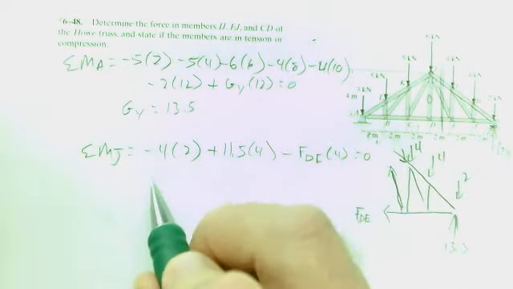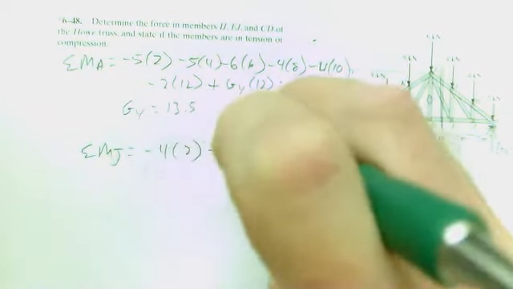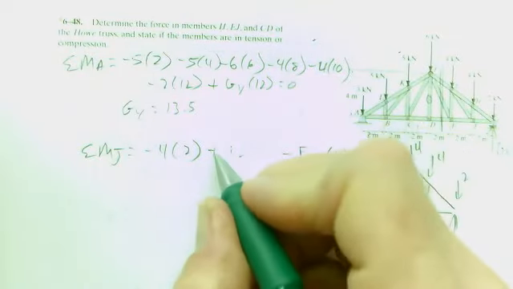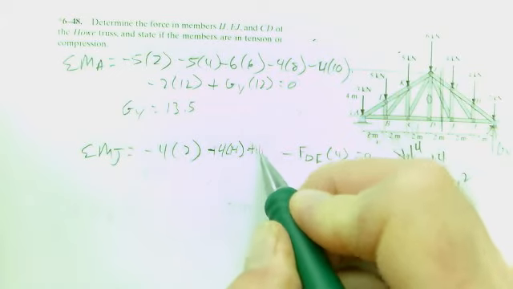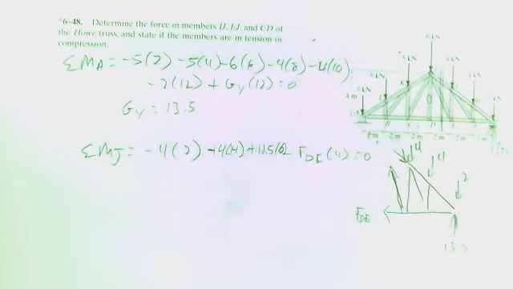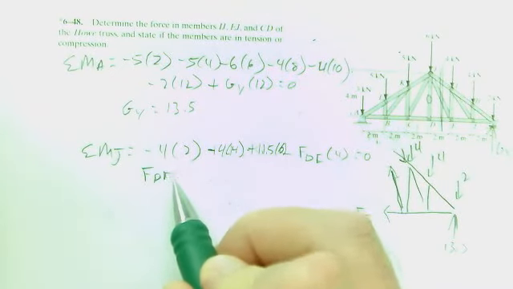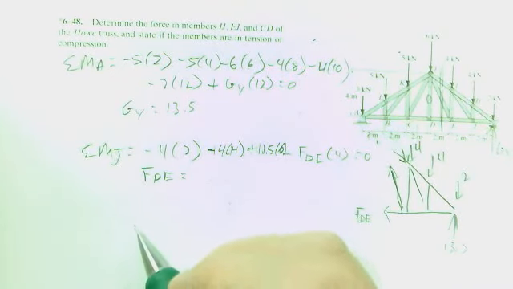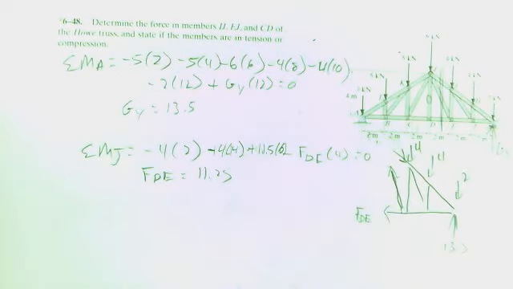So it's going to be 2 minus 4 times 4 plus 11.5 times 6. There we go. And so FDE equals 11.25.